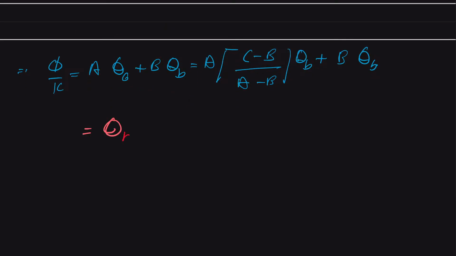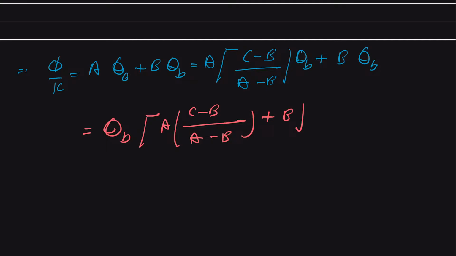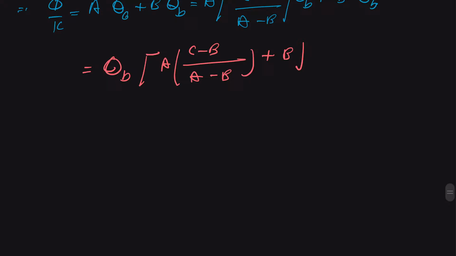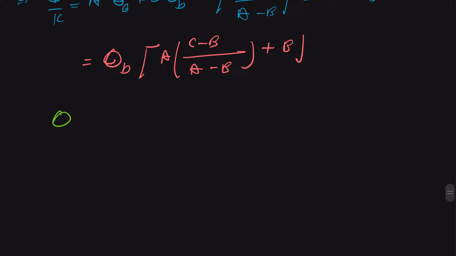So this comes as charge on b times a times c minus b over a minus b plus b. Therefore, from here we can write that qb will be equal to the potential divided by k, and this will be 1 upon a times c minus b over a minus b, plus b.